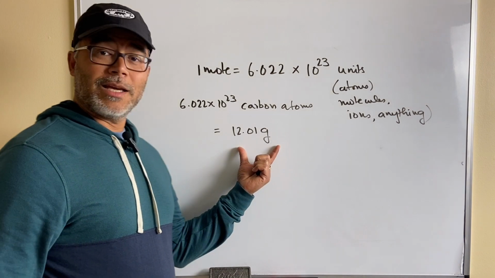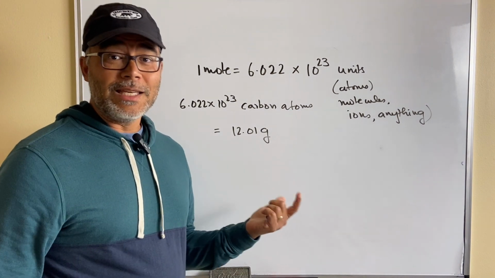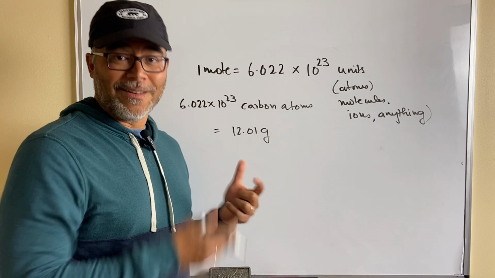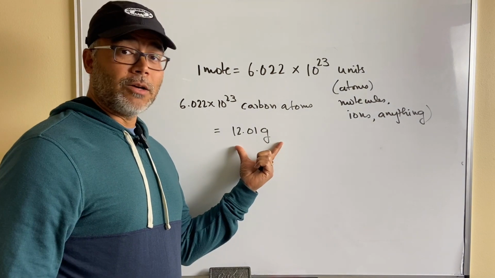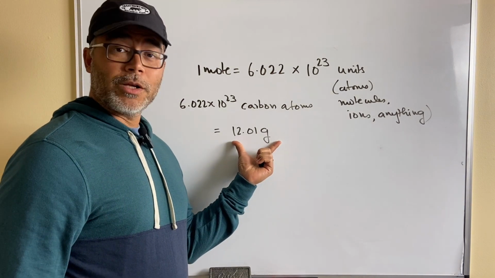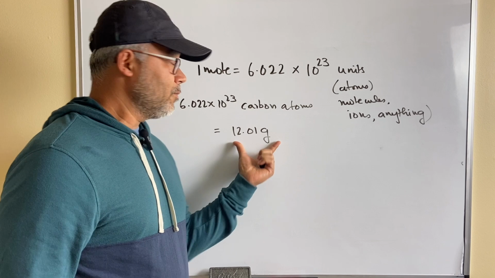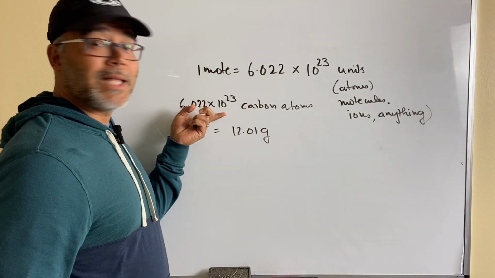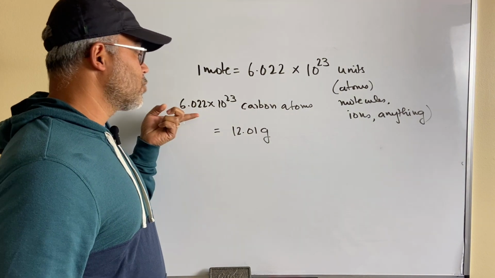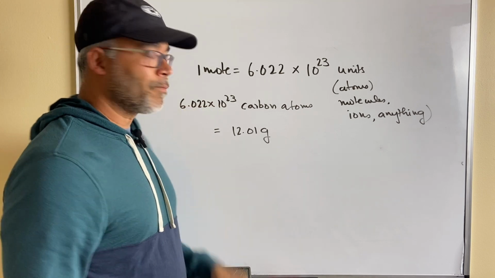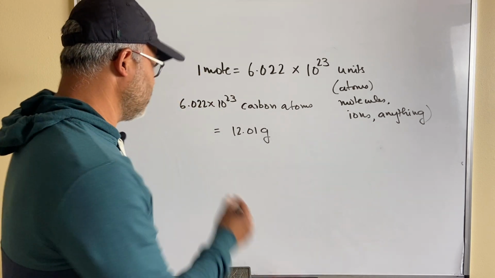So this is a quantity that you can see, you can feel, you can touch. If you weigh out 12.01 grams of carbon atoms, that would contain these many carbon atoms.